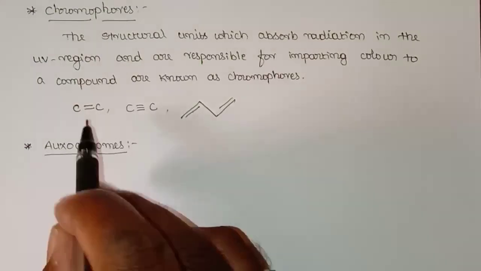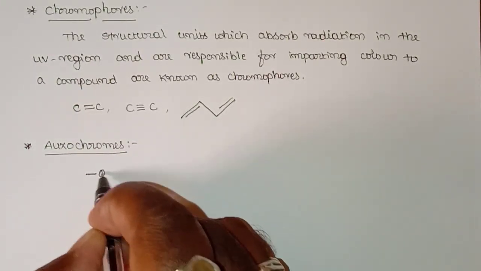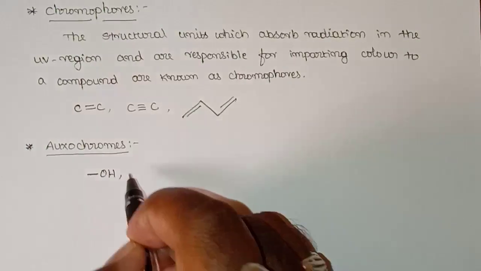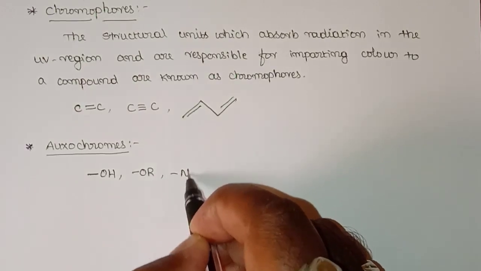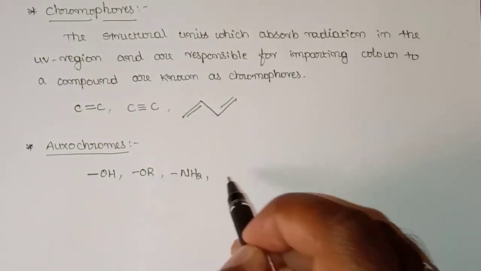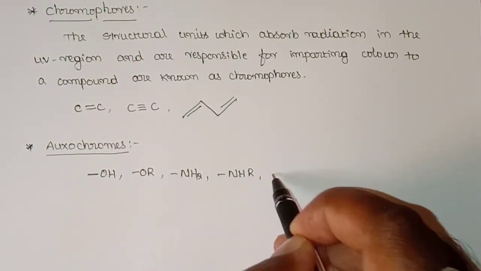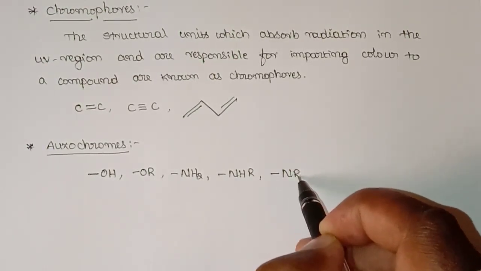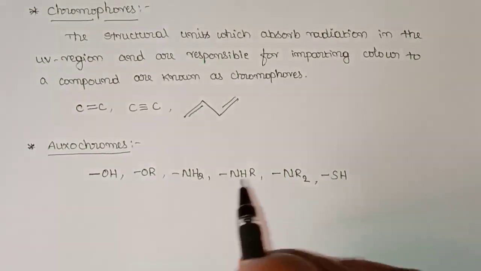The best examples of auxochromes will be all the functional groups such as the alcoholic group or the ethereal group, an amine that is NH2, or an amide that is NHR, or a tertiary amine NR2, or a thiol group, whatever it can be.